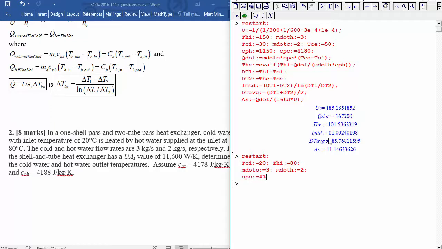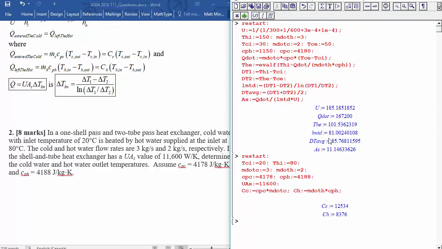C_pc is 4178, C_ph is 4188. Then UA_s is 11600. The C_c is equal to C_pc times m dot c, and the hot fluid heat capacity rate is m dot h times C_ph.